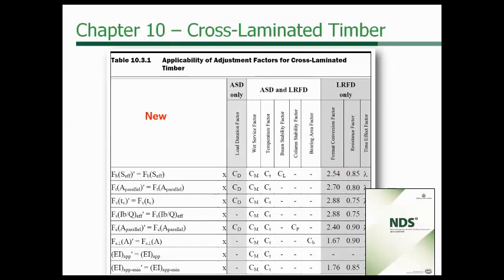So that makes this a little bit different than the glue-lam table. This is more akin to the I-joist table in the NDS because you have to have those geometric properties available to you. Whereas with the NDS, the design values are mostly independent of the geometric properties of the member.